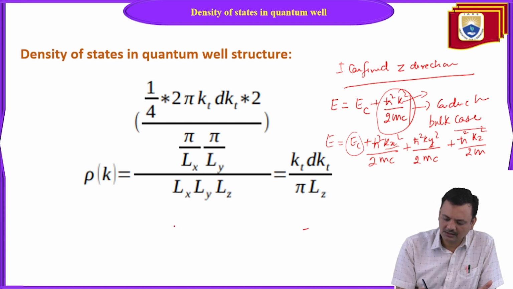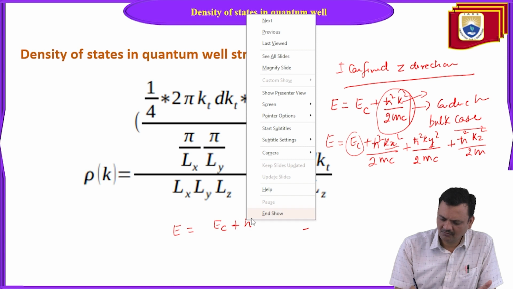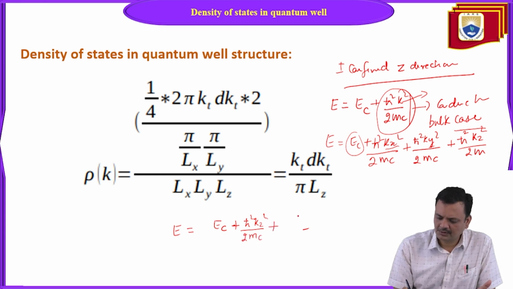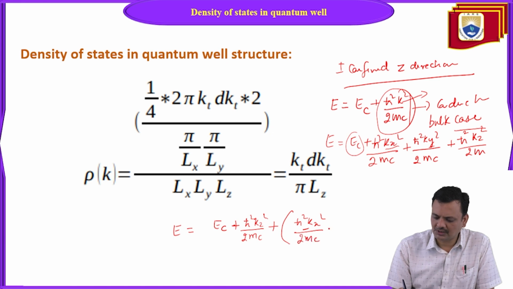So what you can write is, this energy expression E is equal to EC plus h cross square kz square upon 2 mc plus this whole expression, h cross square kx square upon 2 mc plus h cross square ky square upon 2 mc.